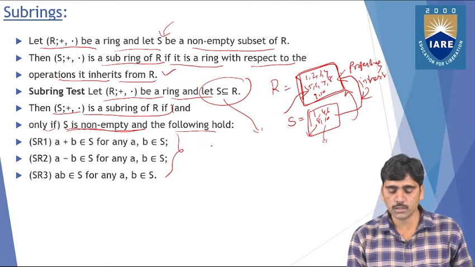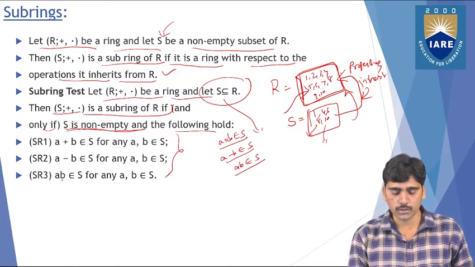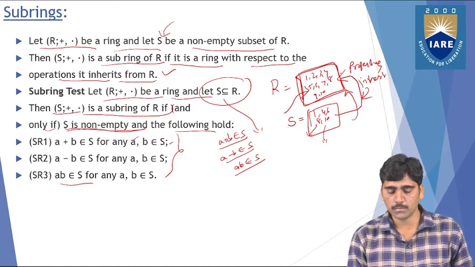What are the conditions? A plus B belongs to S, A minus B belongs to S definitely, and A B belongs to S, for any A comma B belonging to the subring.